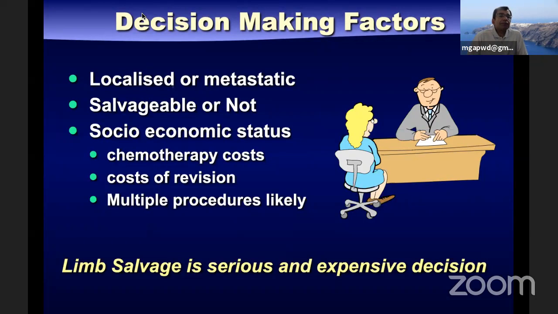And therefore, if the patient has metastatic disease and the family is unable to spend money on a limb salvage surgery, then it is better that the patient gets good chemotherapy, spends that money on chemotherapy rather than on limb salvage surgery, so that at least the survival is better. So we have to assess whether the patient can be offered limb salvage or not based on how much is the local extent. And we also have to look at the socioeconomic factors.